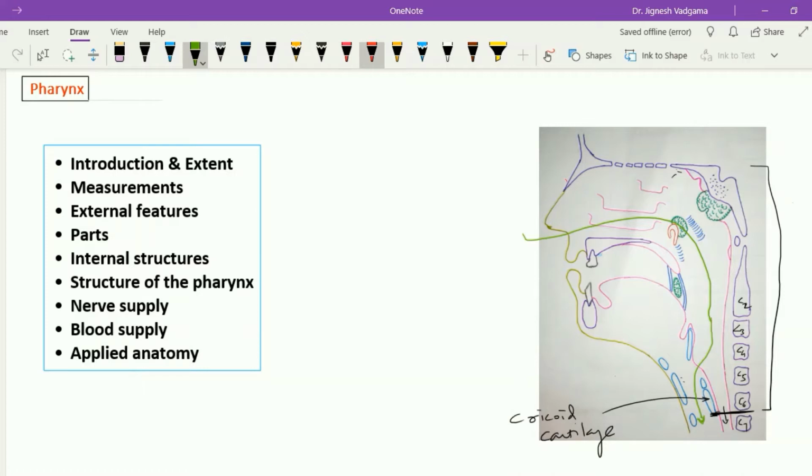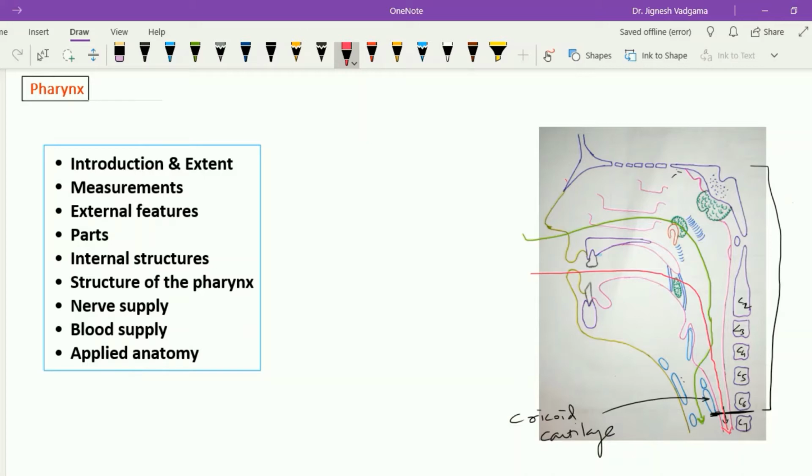While the food passes through the oral cavity, reaches the oropharynx, and from the oropharynx it will continue to the laryngopharynx and ultimately reach the esophagus. So this pharynx is the conduit for the food as well as the air.